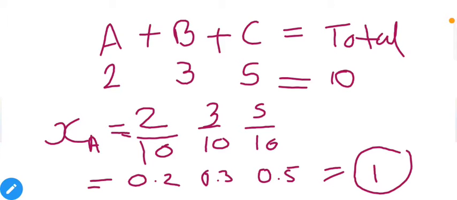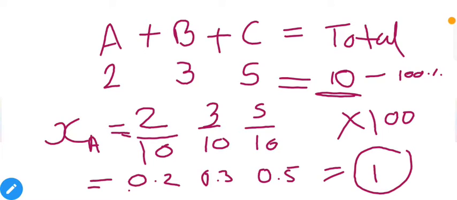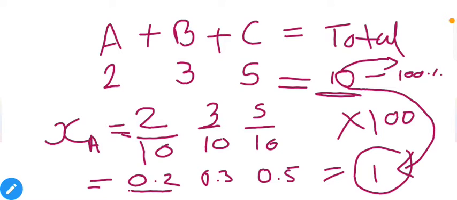Just like total percentage is equal to 100, the total mole fraction will always be 1. If you want to convert the mole fraction into percentage, you have to multiply the mole fraction by 100. Total number of moles in percent is equal to 100 and in fraction it is equal to 1. Similarly, the mole fraction of A is 0.2.